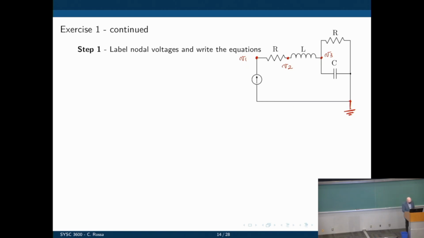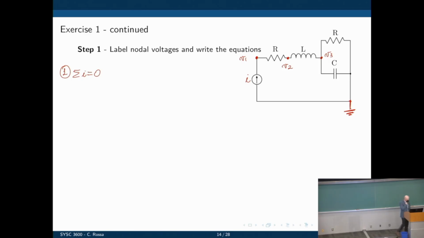Now let's write the nodal equations for each of these 3 nodes, starting with node 1. For node 1, the sum of all currents going in and out is 0. What is the current going in? That's the current from the current source. Let's call this current I. And what is going out is the current going to the resistor.